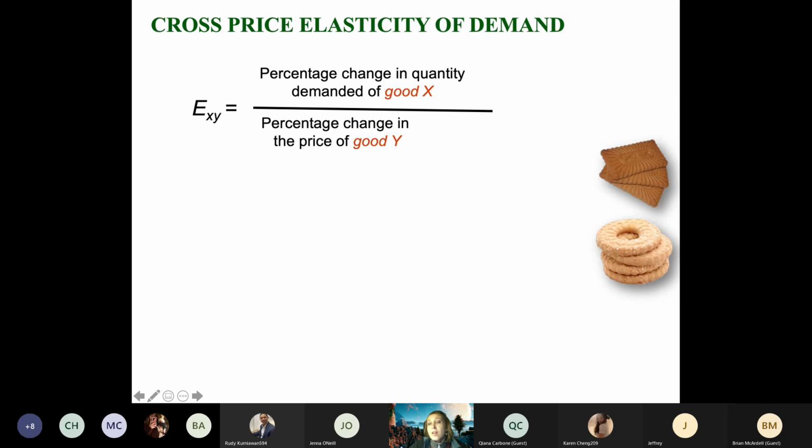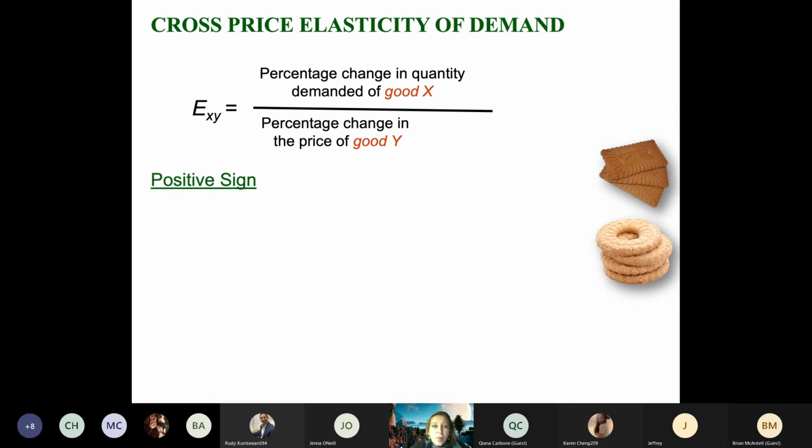Suppose the percent change in the price of cookies is 10%, but the percent change in the quantity bought of diapers, something like that, completely unrelated, is 0, then those two are unrelated goods.